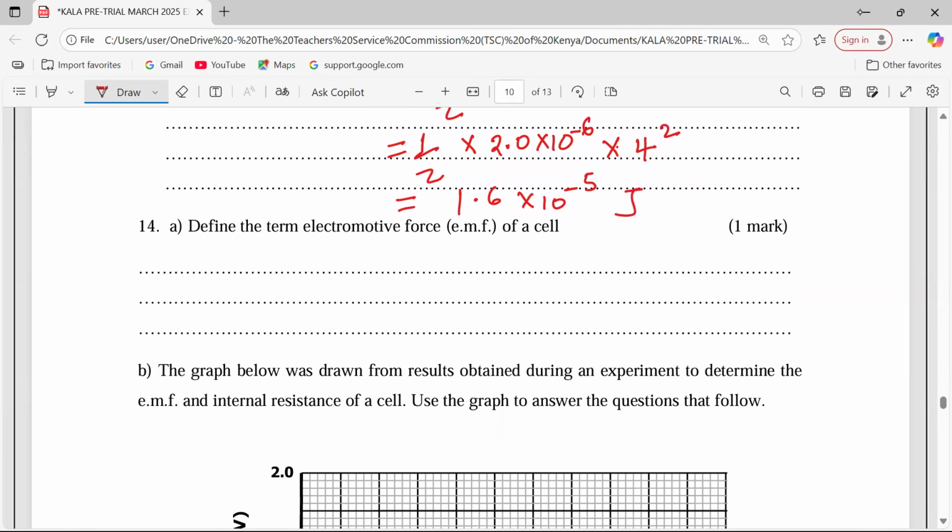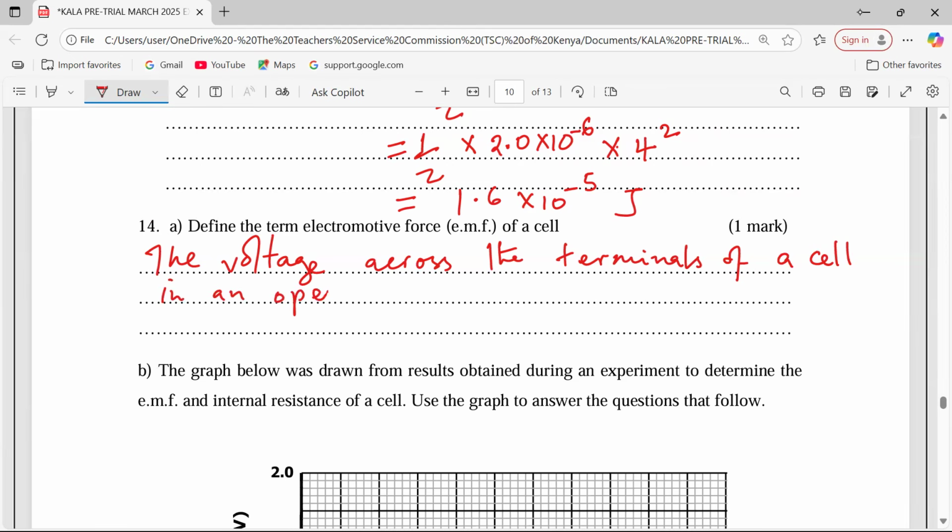This is the total voltage across the terminals of a cell in an open circuit, or when the cell is not supplying any current. It can be a cell or a battery, when it is supplying no current.